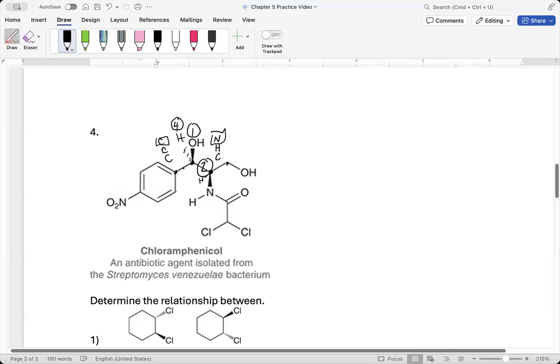And that means the group over here on the left is going to get the 3. So now we assign R/S. We go 1, 2, 3, and it means that this stereocenter is going to be R. Okay, we're going to clear some of our space here.